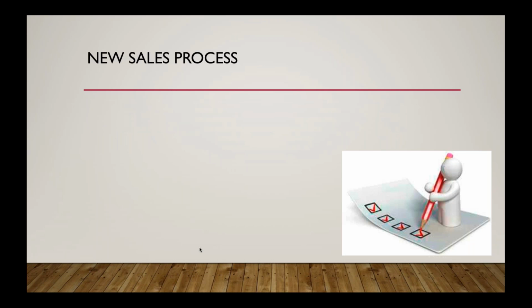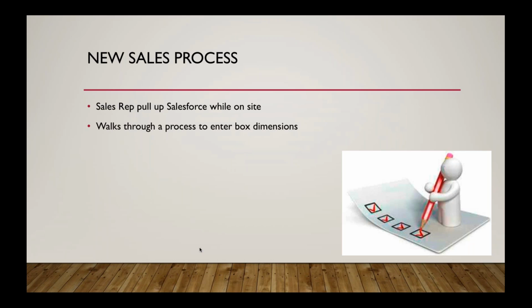So what do we want the system to turn into? With the new system, they want the sales rep to be able to pull up Salesforce while on site, walk through the process and enter the box dimensions and other information about the sale right into Salesforce, and then have the option to set the opportunity to closed-won right there.